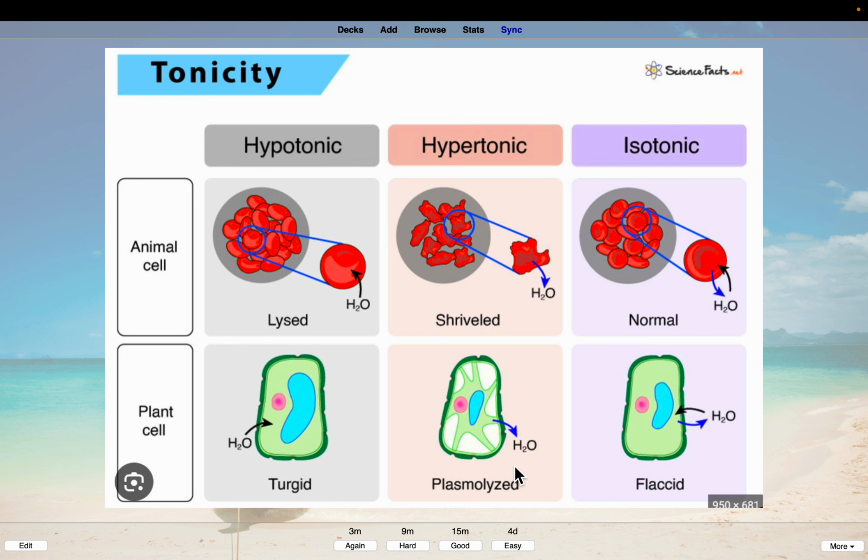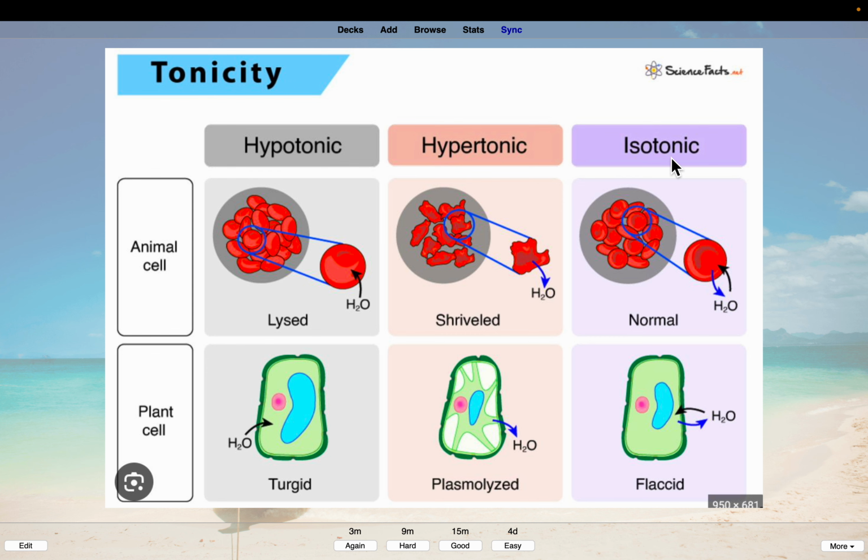And this is not good for the plant. Its stage of being in plasmolysis wouldn't last for a long time. It's just like saying you haven't watered your plants for a long time. Eventually it would wither. That's the thing.